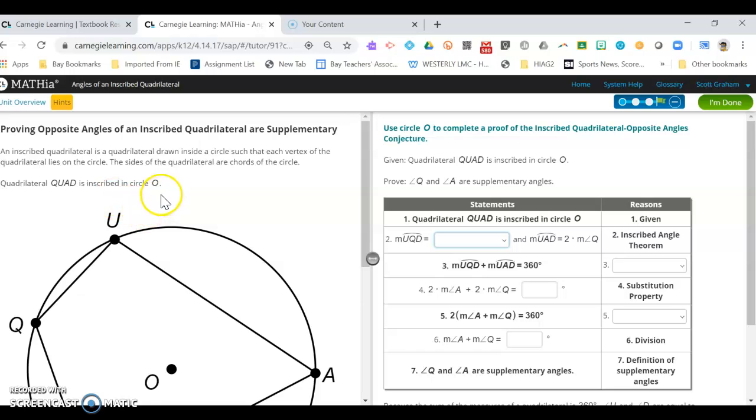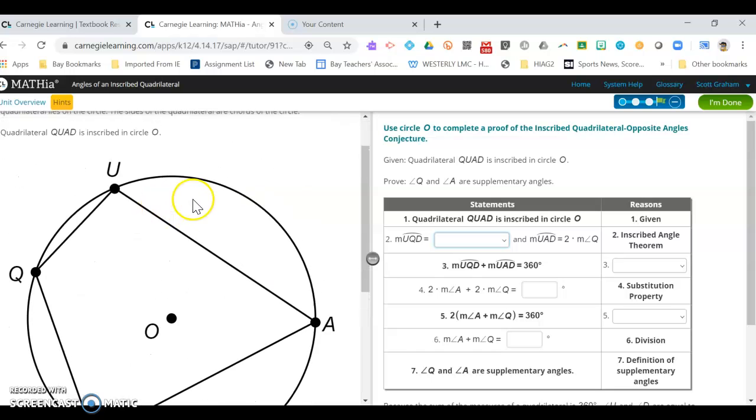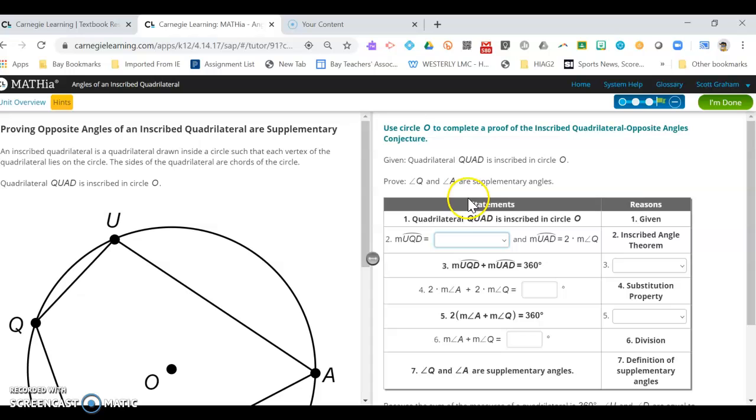One of the things you're going to be doing is trying to fulfill this proof. This proof is talking about why angle Q and angle A are supplementary. The key word is supplementary, which means they equal 180 degrees.